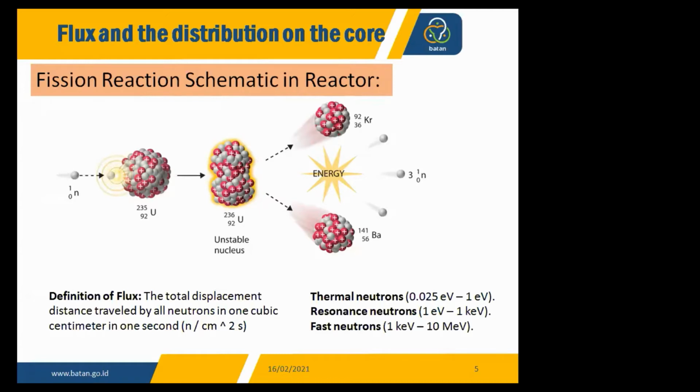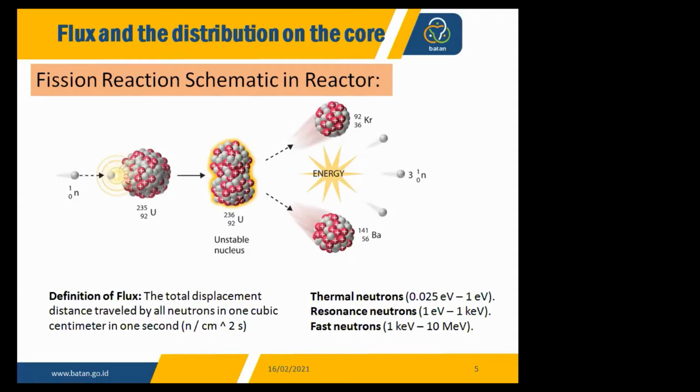Consequently, neutron flux is measured in neutrons per centimeter square per second.